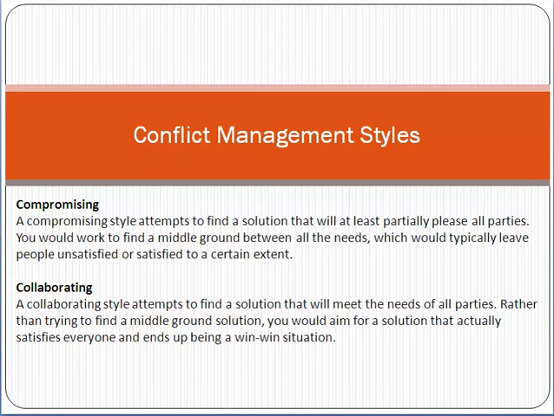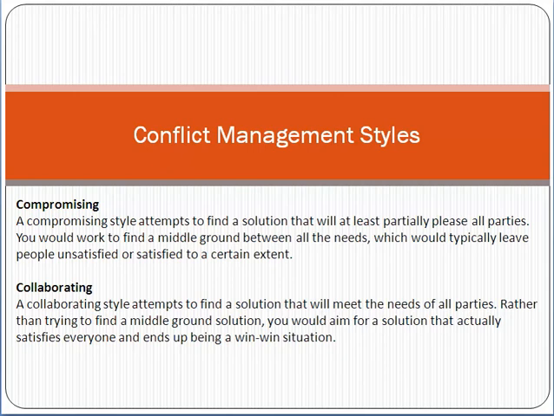So you can take 1 point from party A and 1 point from party B, and try to compromise. Compromise means partially satisfying both parties. Both parties are not fully satisfied with the solution, however, to some level it will partially satisfy both. So that is called compromising.